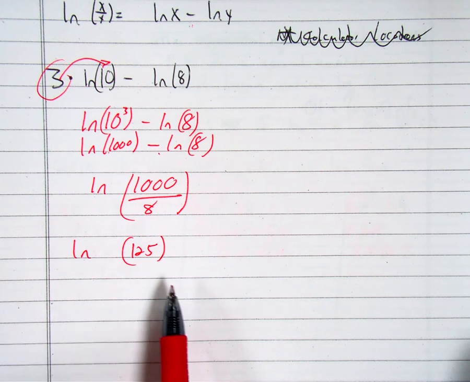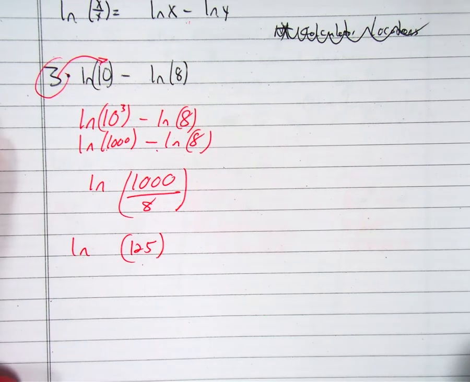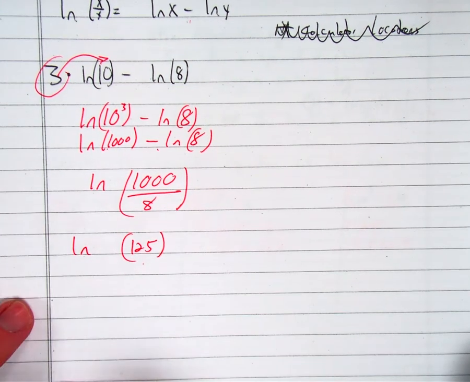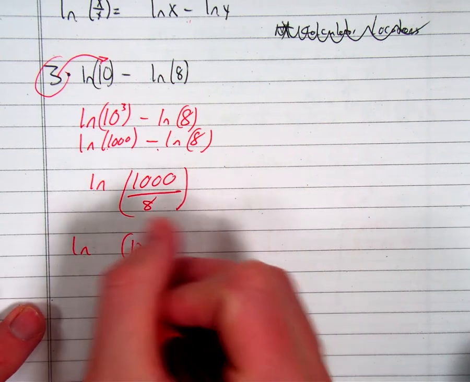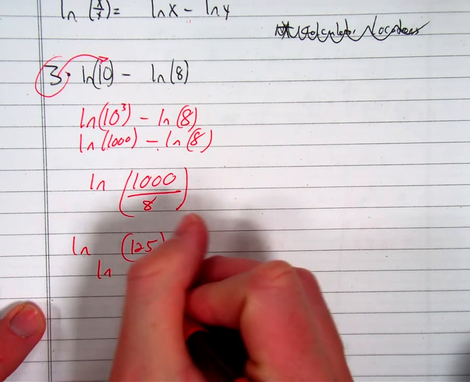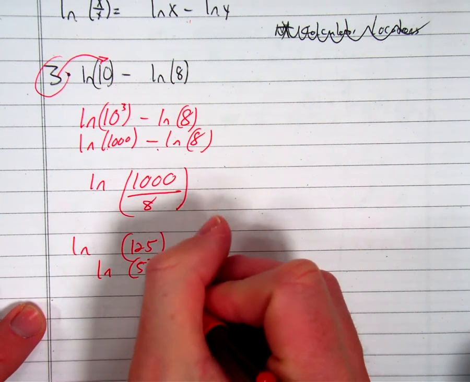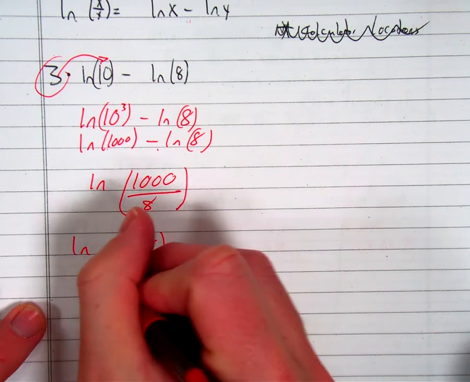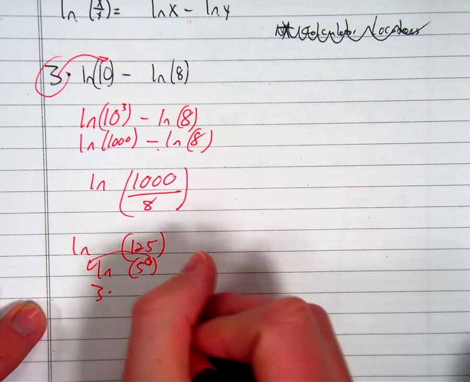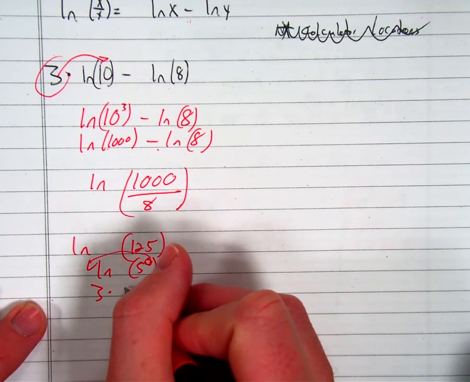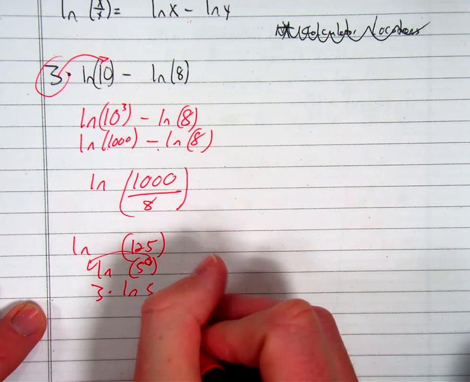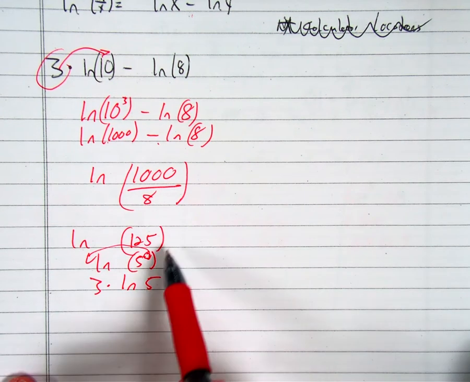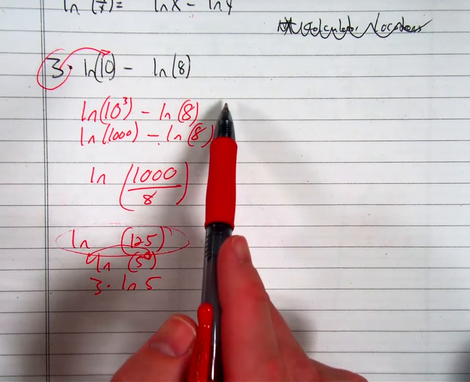The example in the book wants us to break this down and go back again. It's like, natural log of 125. Well, 125 is 5 to the third. And then I'm going to bump that 3 down in front. See, now it feels like we're pulling it apart again, and I don't like that. I would have probably stopped right here for this problem, because this is all putting it back together.